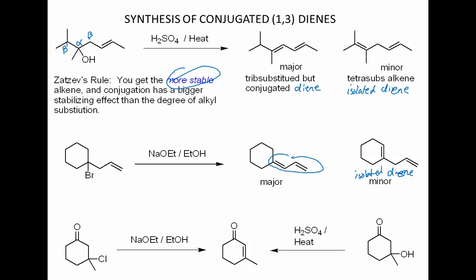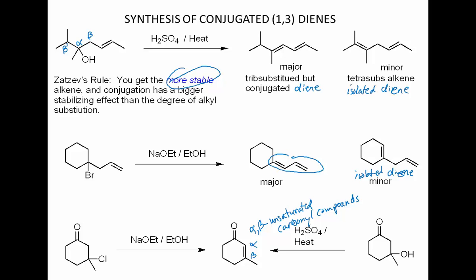A type of reaction that we're going to encounter much later, in probably the second half of this class, is reactions that make this type of compound, which we call alpha beta unsaturated carbonyl compounds. So elimination reactions in these systems also prefer to form the conjugated system.